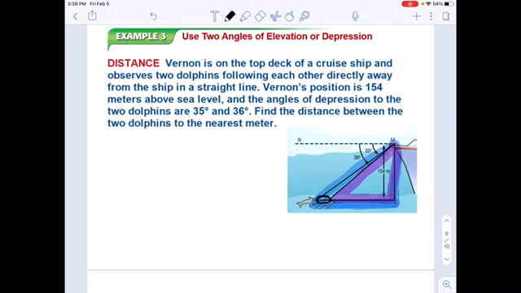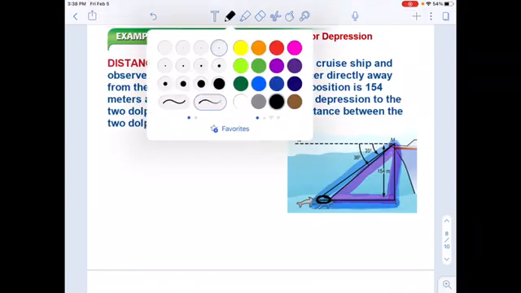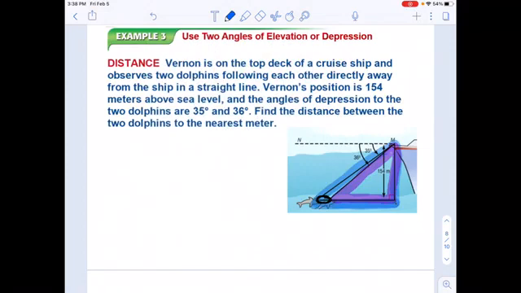And then you have to subtract those to find the real piece between J and K that we are looking for. We are going to find the furthest away dolphin's distance first. So this will be what I call X, from J to L in our picture.